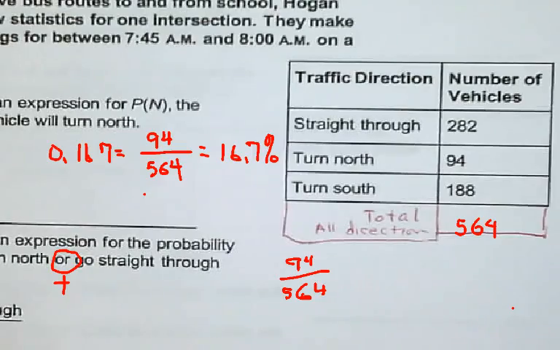And then going straight is 282. 282 out of 564. So when we add those two together, we'll get the probability that it goes north or it goes straight.